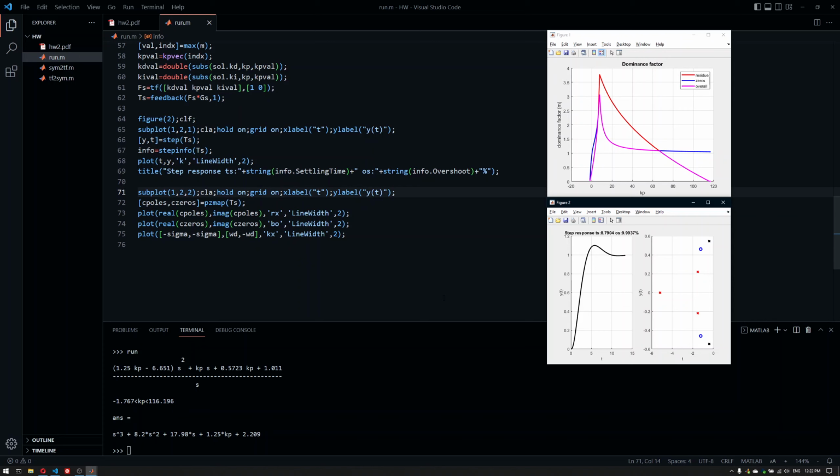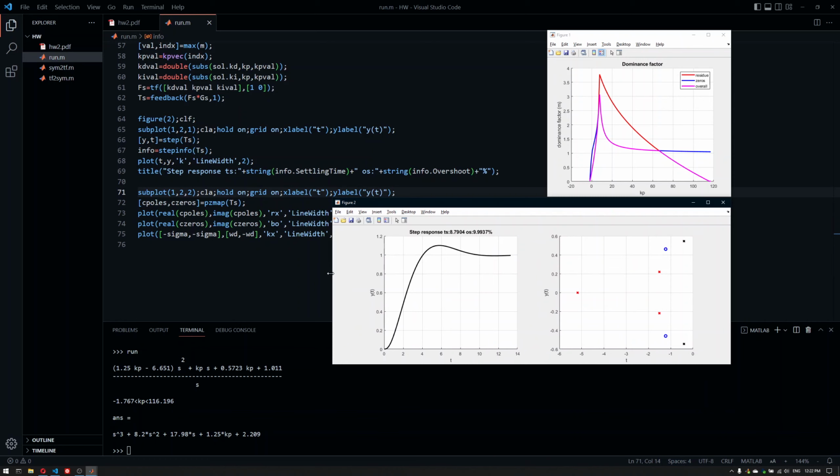But then again, we can see that our dominance factor here is not that good at all, because this is the best that we got here, but you can see that the set of zeros and poles are quite close to our design point, but this is the best PID controller that we can get because of the dominance factor here.